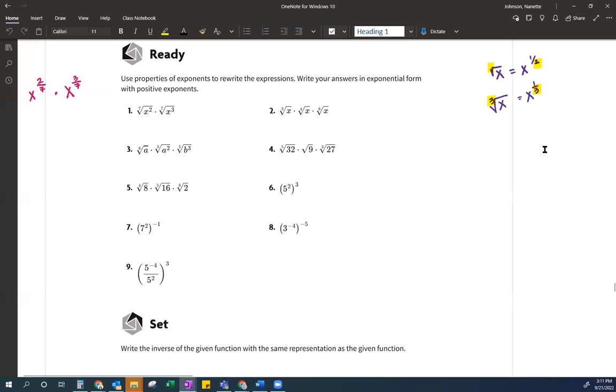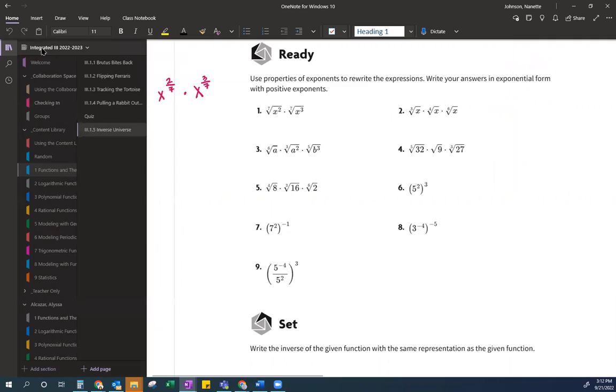And then the other thing that you have to remember in order to do these types of problems is one of your exponent rules, which goes like this. Like 3 squared times 3 to the 5th equals what? I'm always going to push you back to remembering your definitions.